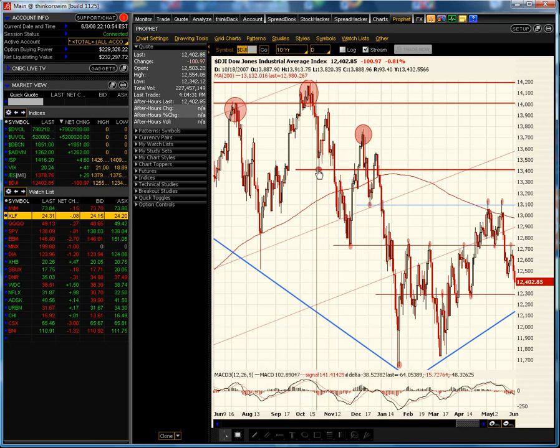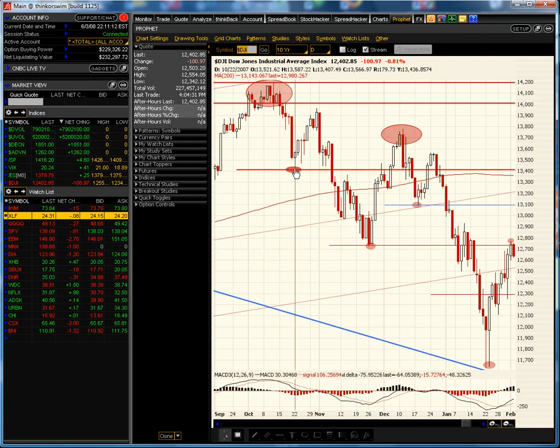I'm not drawing these oval points at a point where prices are consolidating, like around this point. That's not significant to me because even though prices sold off, they didn't sell off significantly. Here they bounced off dramatically. Right here they hit a point and they bounced dramatically higher. Same thing here.